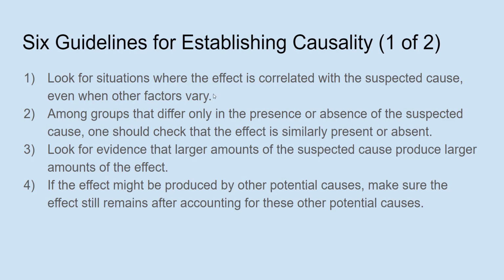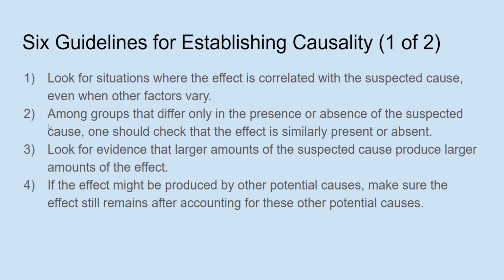If a scientist does not consider other factors, then they are leaving out possible situations that might explain that causal relationship, such as mediators or confounding variables. So for number 1, be sure to look for situations. Sit back and think about whether the effect is correlated with the suspected cause, even when other factors exist there.